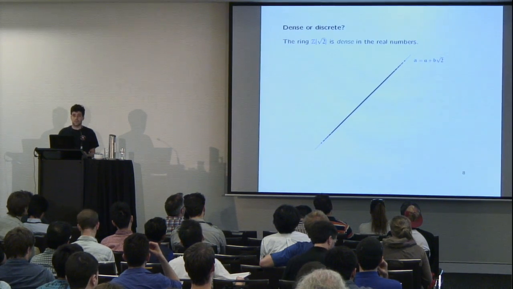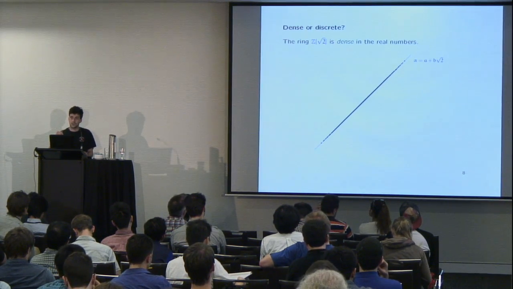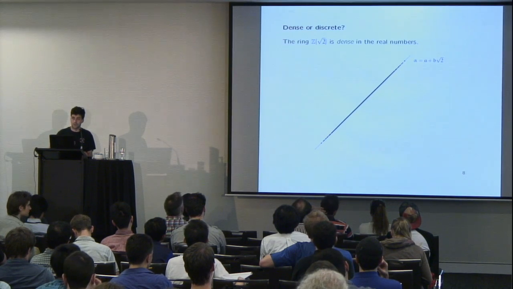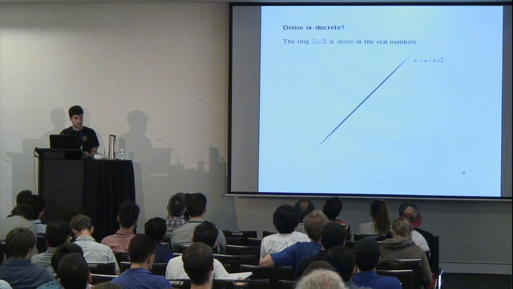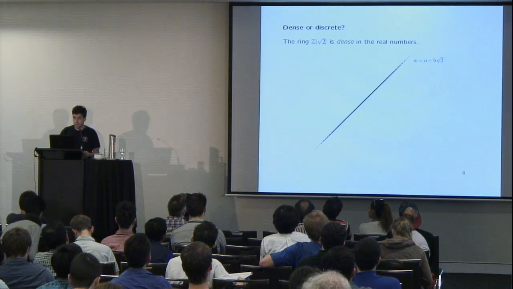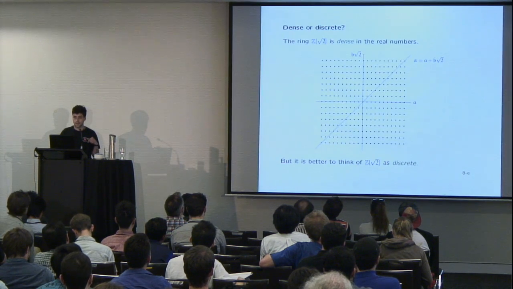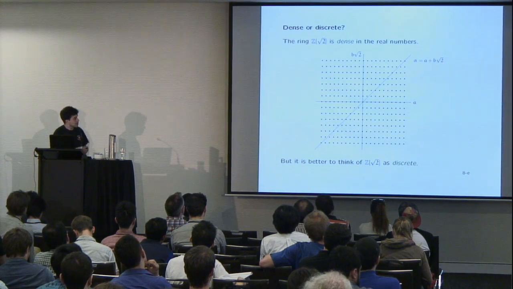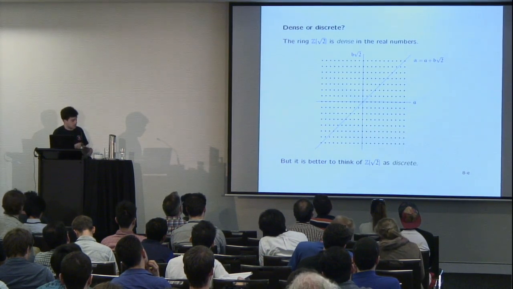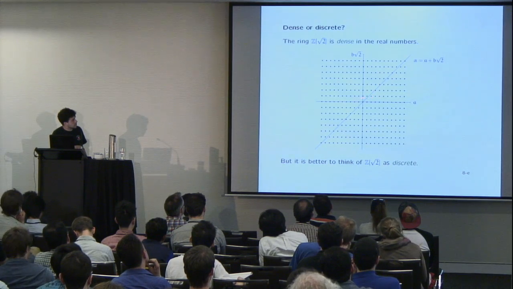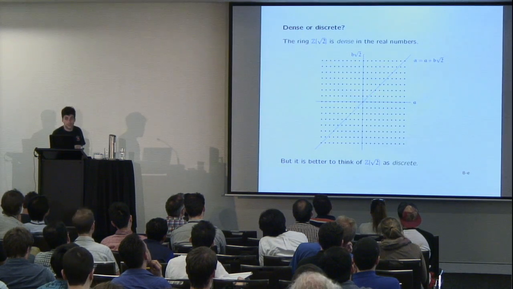So we want to solve these problems. And the nice way to attack grid problems is not to think of Z root 2 as a dense subset of the line, as it in fact is, but rather as a discrete subset of the plane. So here you have Z root 2 represented as this lattice in the plane where, for example, this point here is the point with a coordinate 1 and b coordinate root 2.